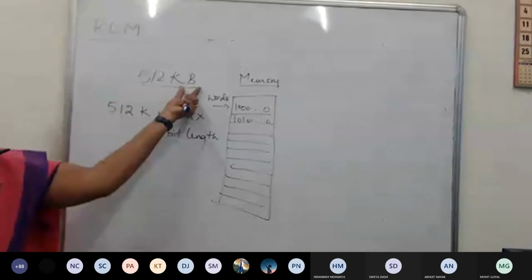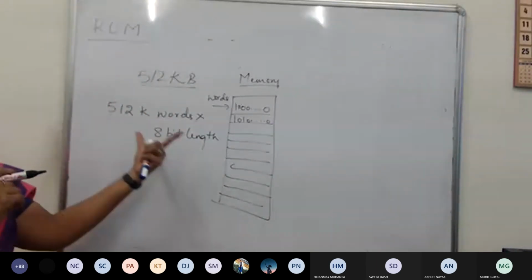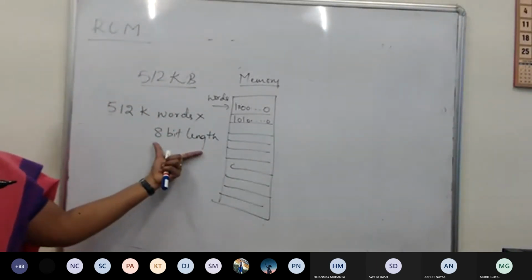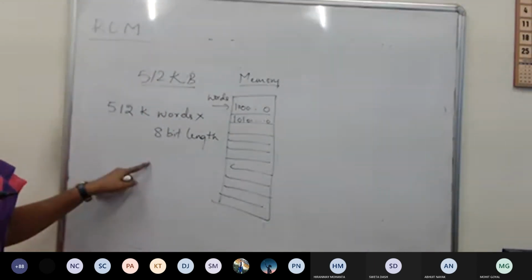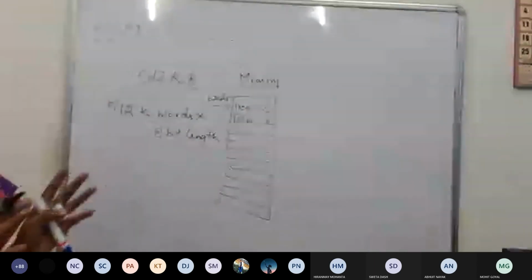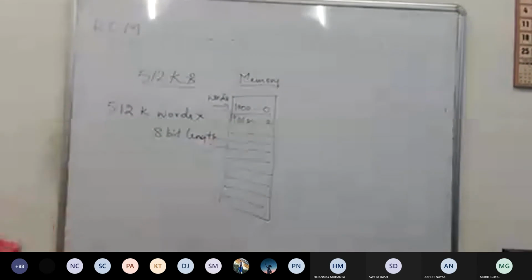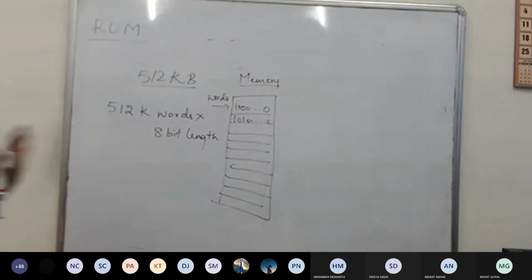So this is the word count, this is the length. That makes the size of the memory. Please try to understand. The number of words, and each word of how many bits in length, is what gives the raw size design. But now we will go deeper into that. Now how are we going to actually create this? Now is it clear? Is this clear or not?